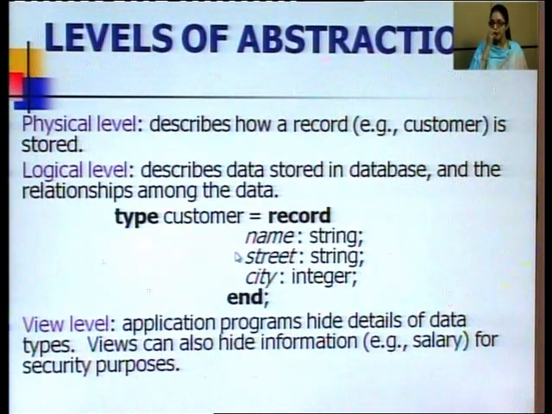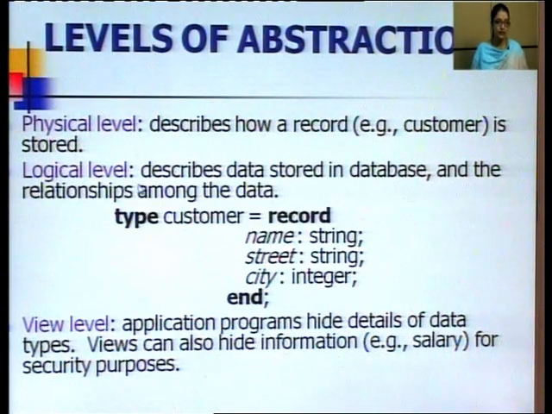Next, we will be studying the levels of abstraction. The term abstraction means to hide the details from the users. The level of abstraction in databases is divided into three levels. First of all, there is the physical level, which describes how a record is stored. For example, we have a record regarding a customer. Every detail of the customer, how it is stored physically, deals with the physical level.